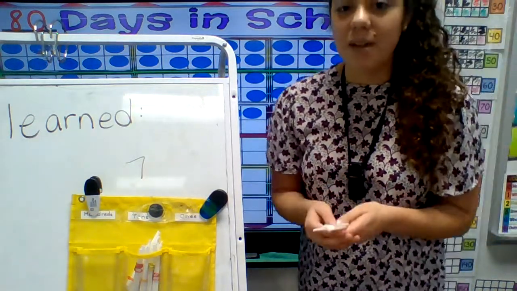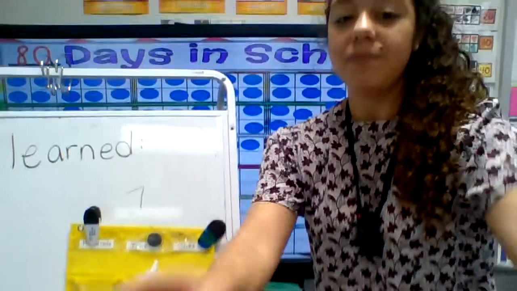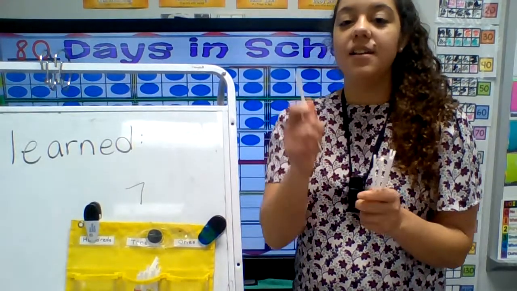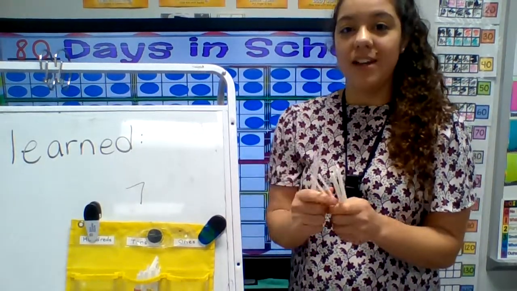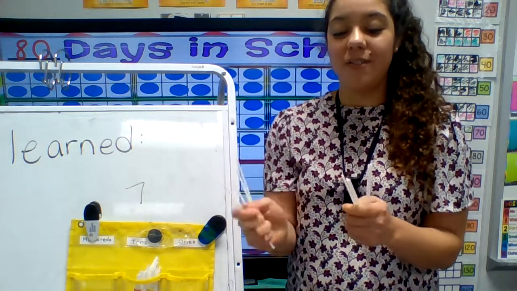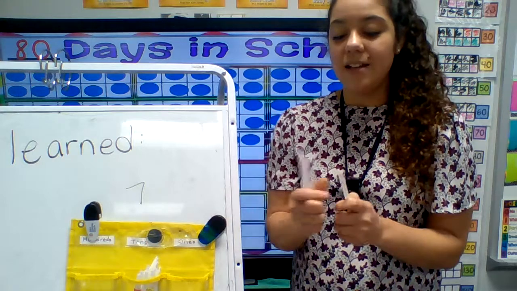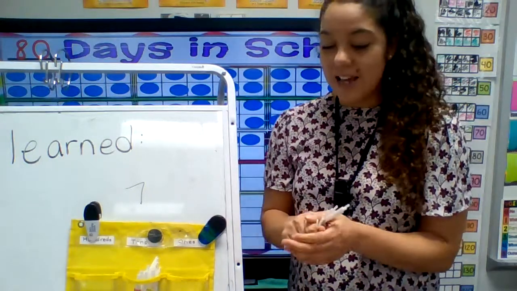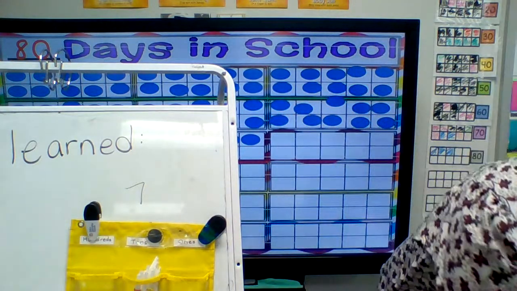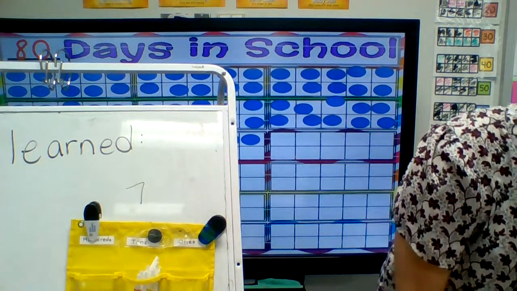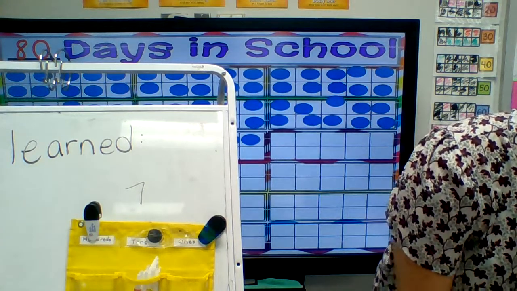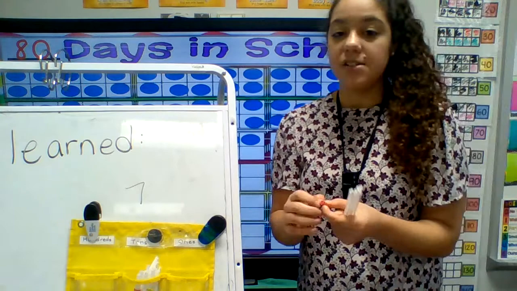I'll count these to make sure we have 10. 1, 2, 3, 4, 5, 6, 7, 8, 9, 10. I'll take a rubber band and we'll put it on our bundle of 10 straws.